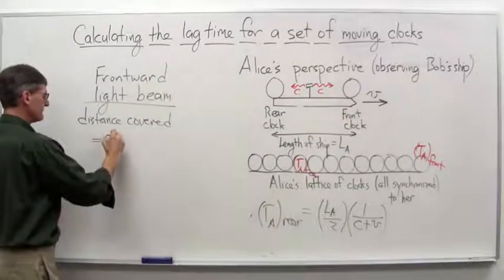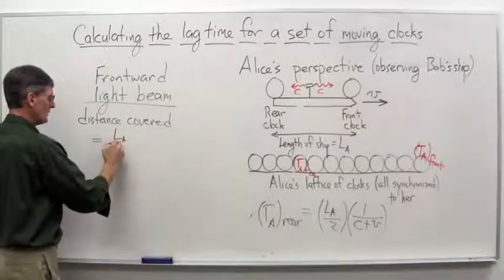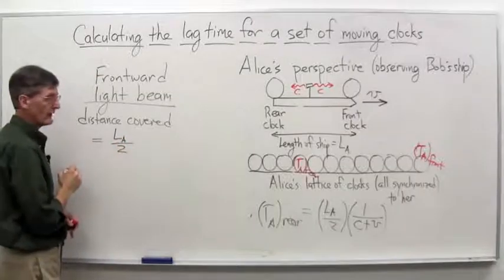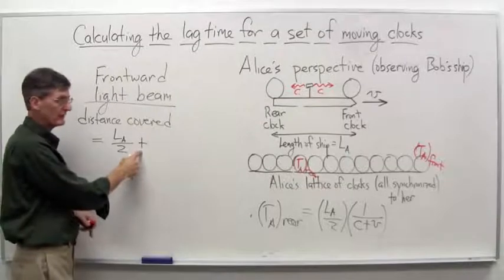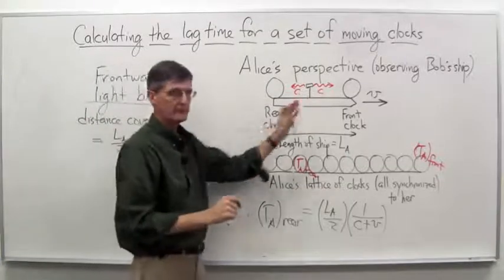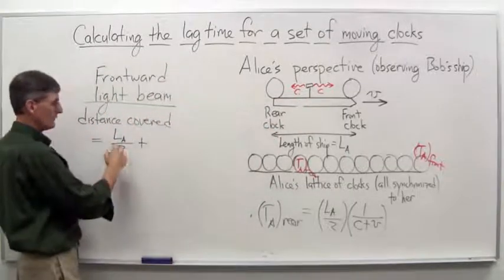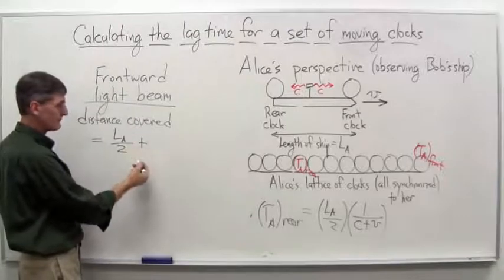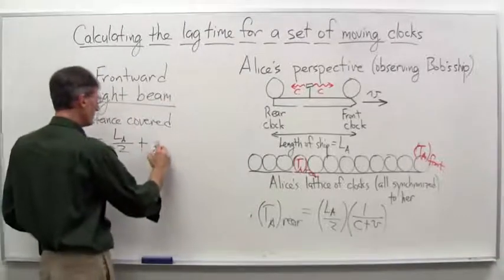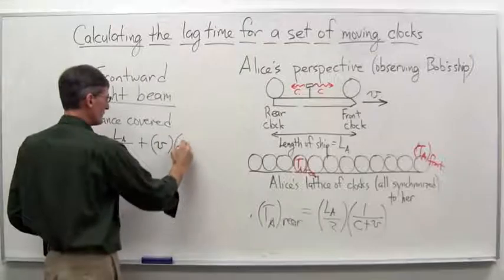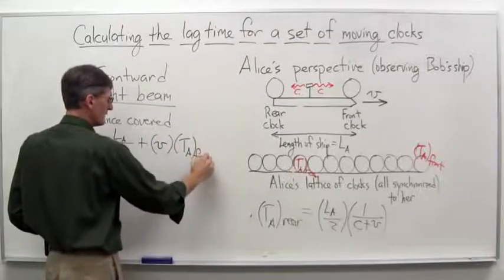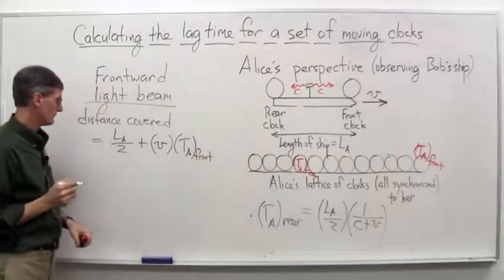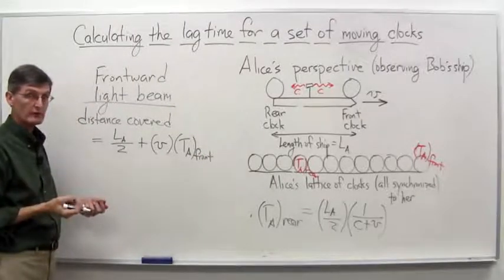So it's going to be LA over 2, that's half the ship, plus the extra part. Last time this was a minus sign because the rear was getting closer to the rearward going light beam. So it's plus V times Alice's clock reading when it hits the front. So that's the distance covered.